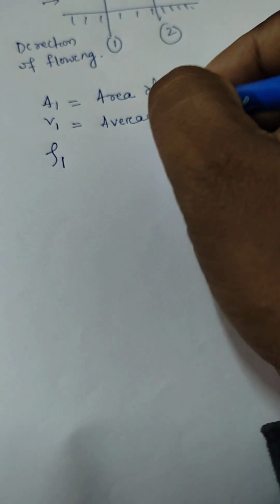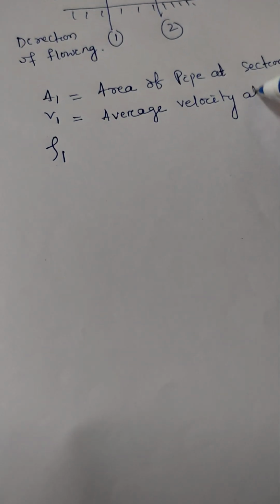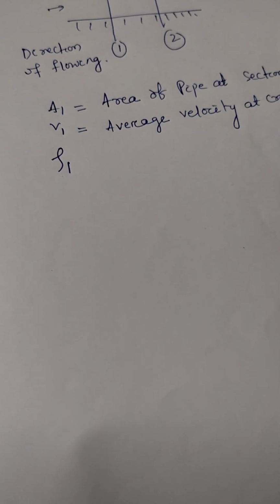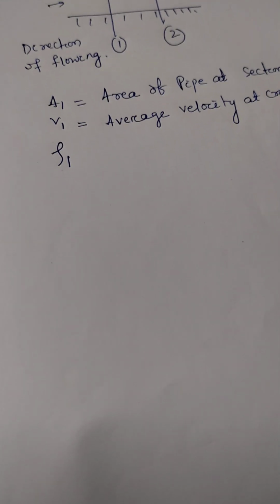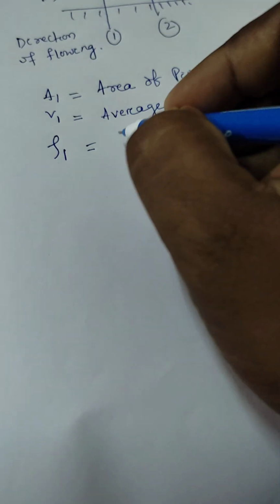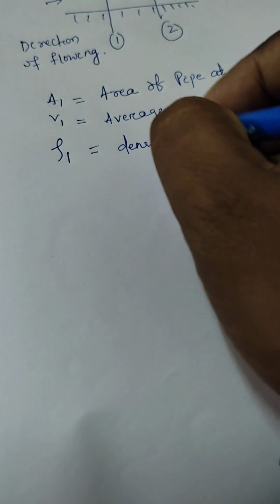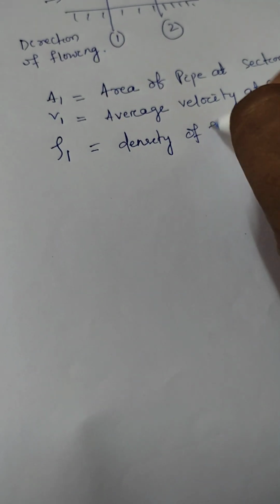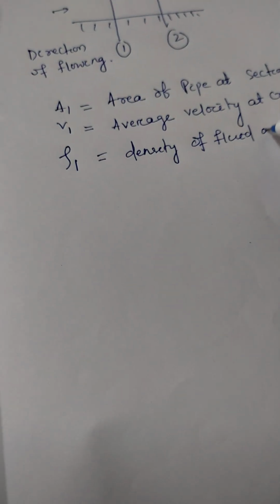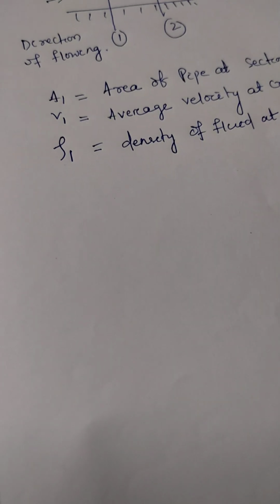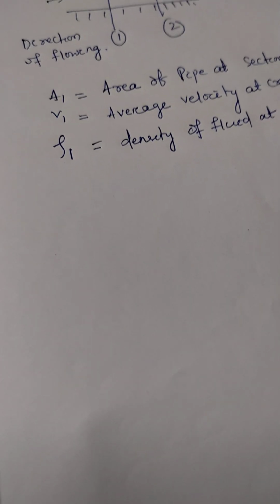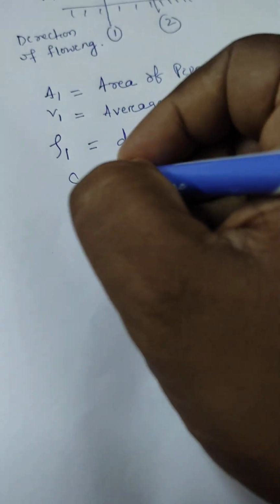V1 equal to the average velocity at cross section 1. Similarly, rho 1 equal to the density of fluid at cross section 1.